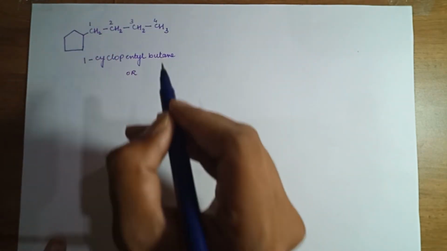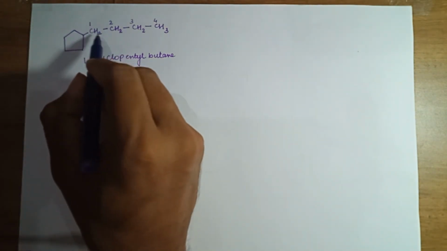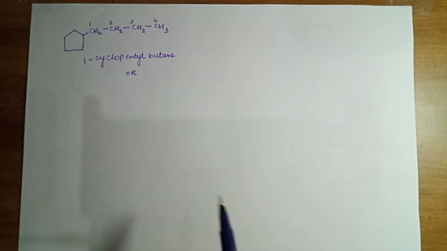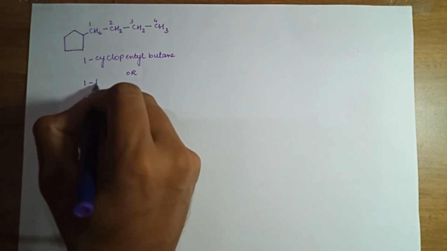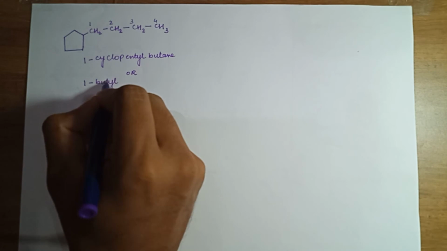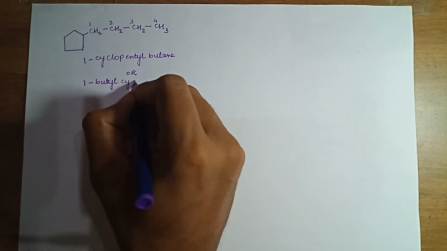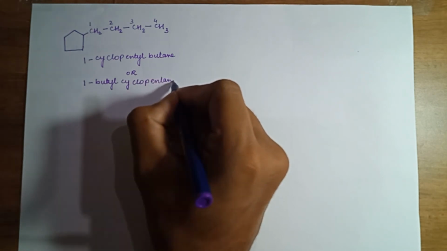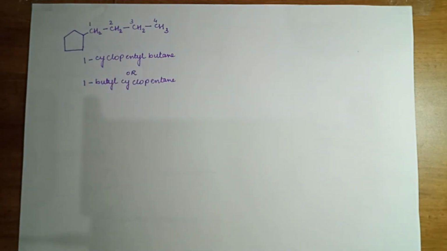Or the other possibility is we will consider this linear chain in branching and this as the root or parent chain. So the name will be 1-butylcyclopentane. So out of this, which is correct?